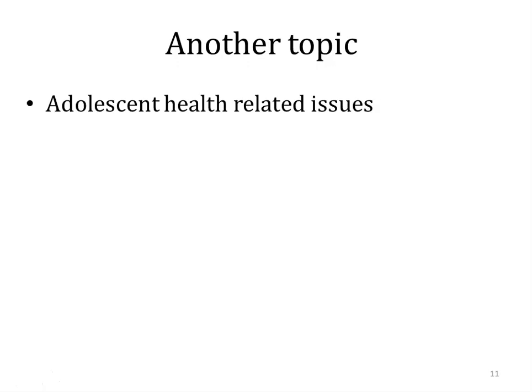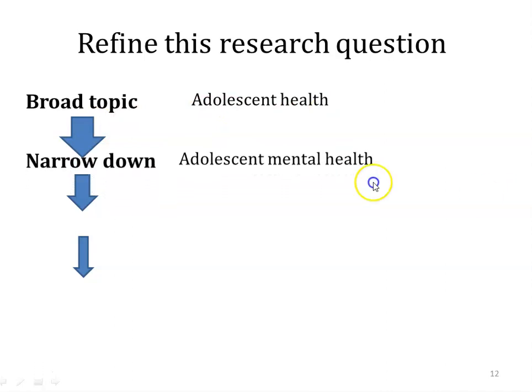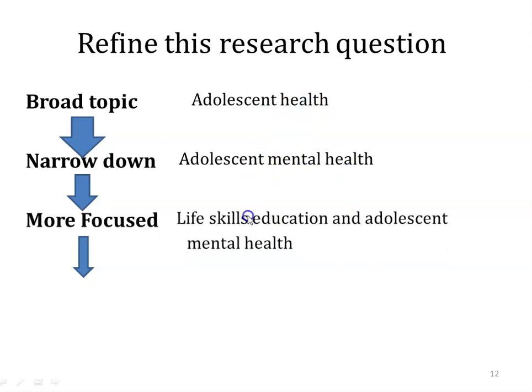Choose another topic now, starting from a broad area of adolescent health related issues, how I can make it specific. Adolescent health is a broad one, making it specific. So I have chosen one area of adolescent health. There is mental health, making it more specific.